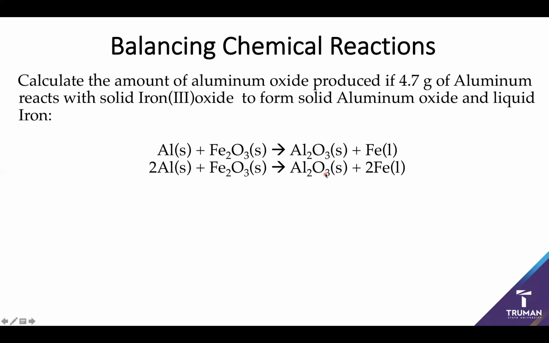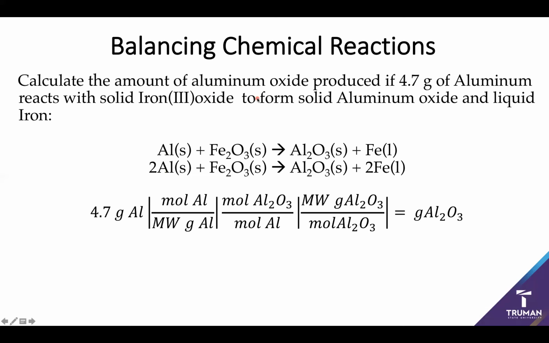Always make sure you're using a balanced chemical reaction before you try and do any stoichiometric conversions. So now we need to go ahead and figure out, well, what am I trying to do? So I'm starting with grams of aluminum, and I want to figure out grams of aluminum oxide. So let's go ahead and map this out with unit analysis.